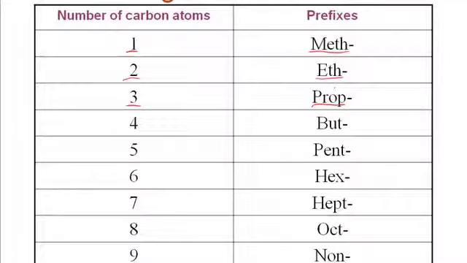Now, you might have heard some of these prefixes before, such as methane, or propane, or butane, or octane. Again, those prefixes refer to the number of carbons within the hydrocarbon compound.